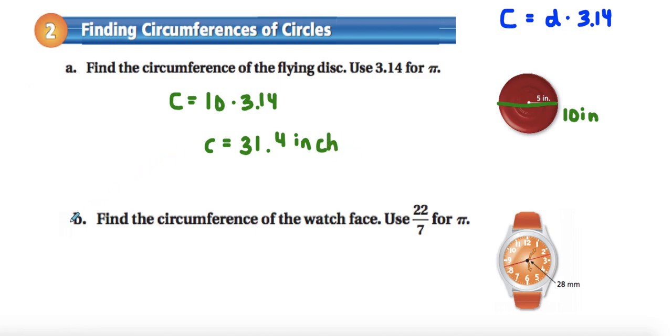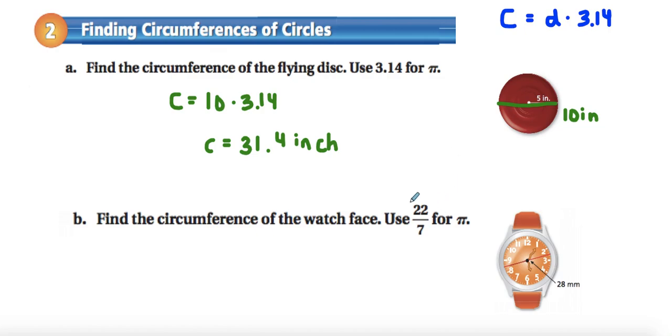Let's look at problem B. Find the circumference of the watch face and use 22 divided by 7 for pi. So the reason that we're using 22 divided by 7 is because it's more exact, where 3.14 is an estimate because pi is a really, really long number.